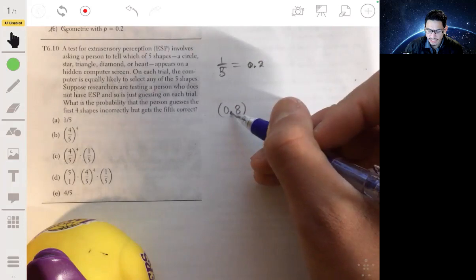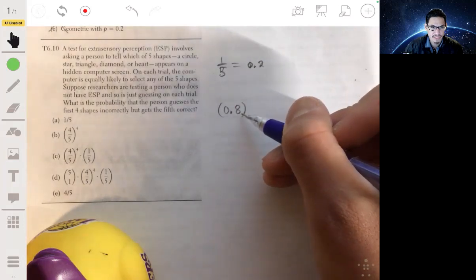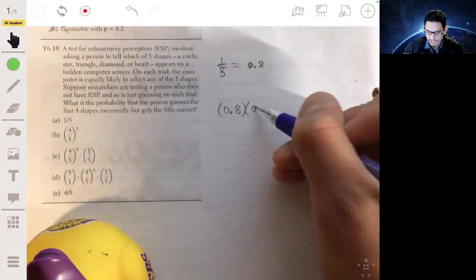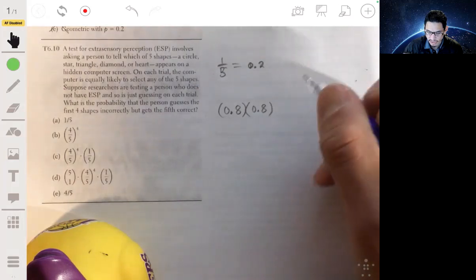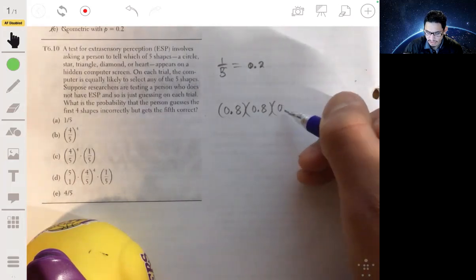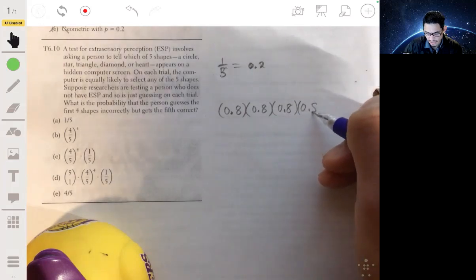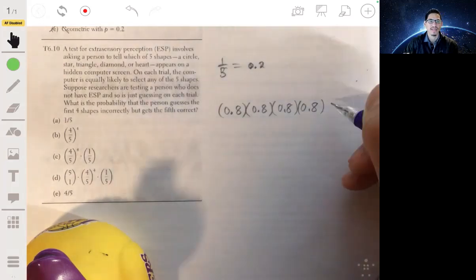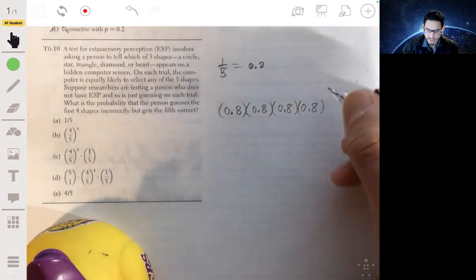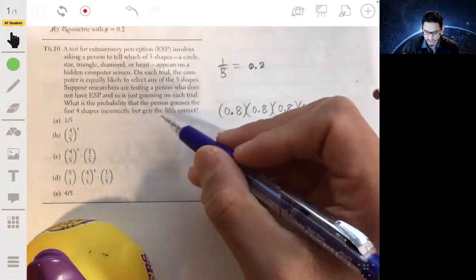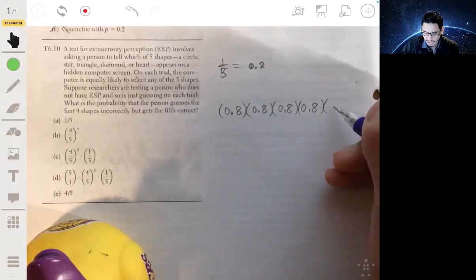So you have a 0.8 chance of guessing incorrectly on your first guess, times 0.8 on your second guess, times 0.8 on your third guess, and 0.8 on your fourth guess. Then, on your fifth guess, you have a 0.2 chance of guessing correctly.